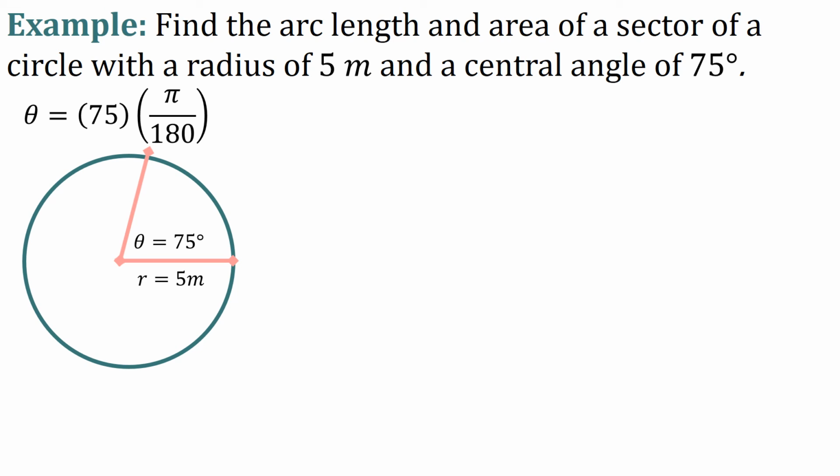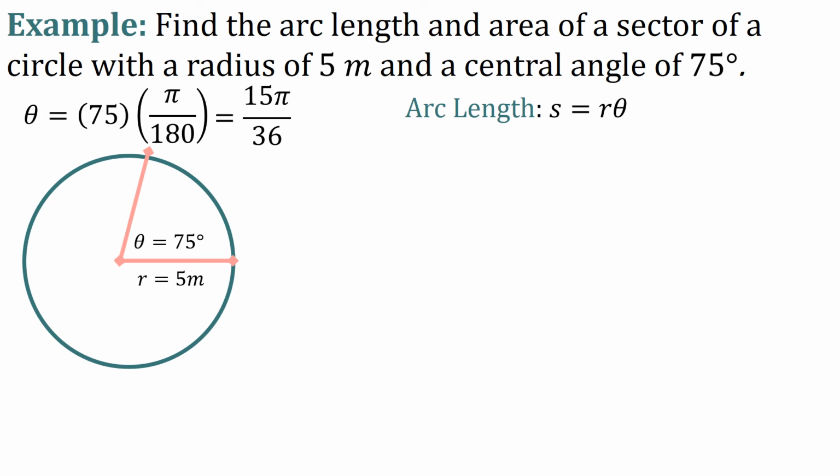We need it to be in radians. So we're using the formula theta equals degrees times pi over 180. That's 75 times pi divided by 180, and that reduces to 15 over 36 pi.